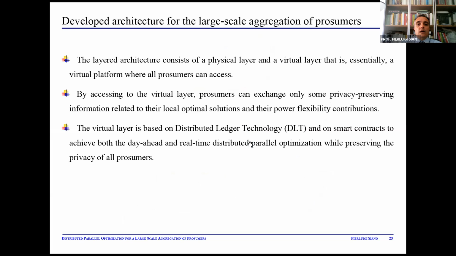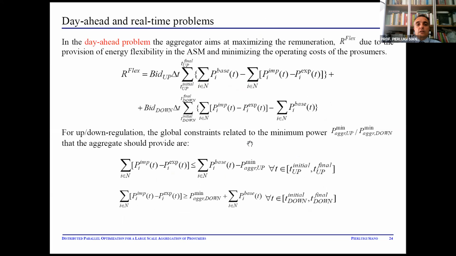In particular, we have considered a day-ahead optimization, where the aim of the aggregator or energy community manager is that of maximizing the remuneration due to the provision of energy flexibility in the ancillary services market, and this is subject to some constraints related to the minimum capacity that should be offered.